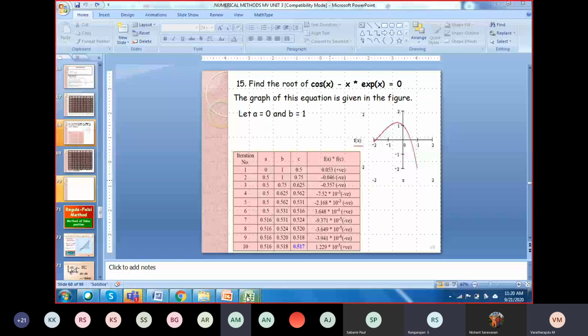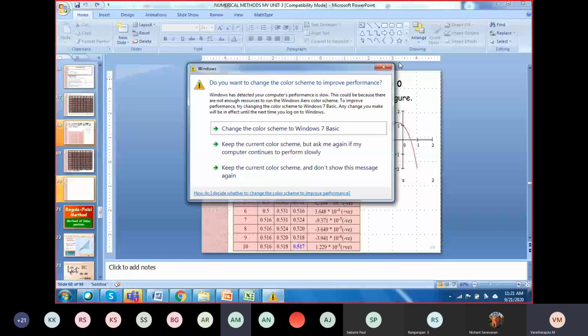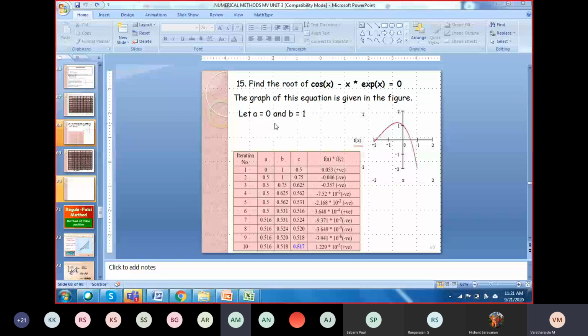Please make a note. Already the time is 11:20. This particular problem, that is the bisection method, you please solve manually till iteration number 5. Stop your iteration at iteration number 5, and at that time your C is your result.